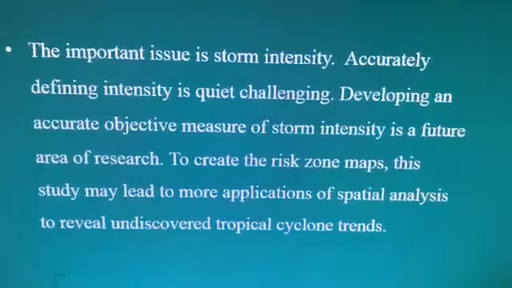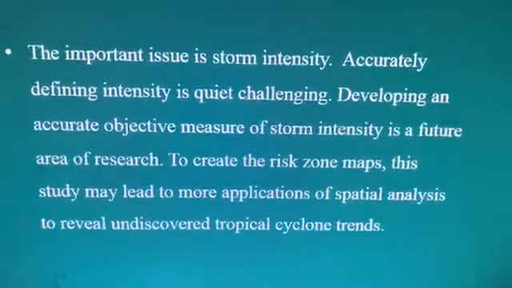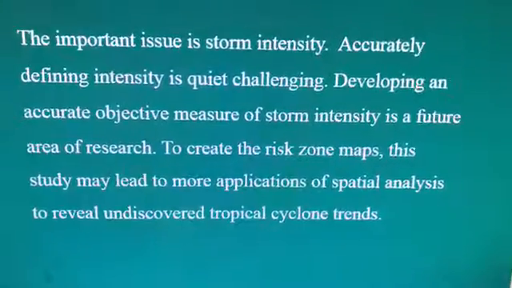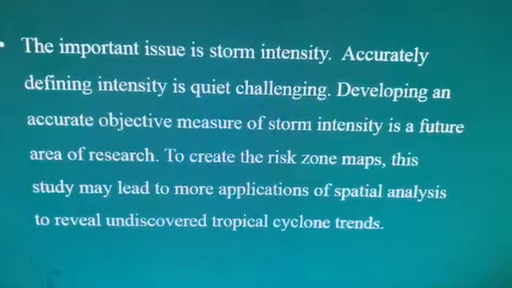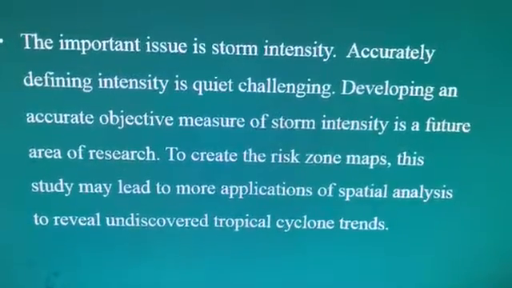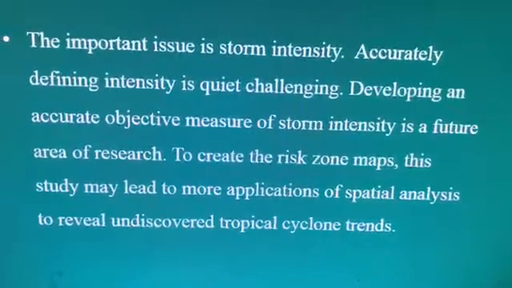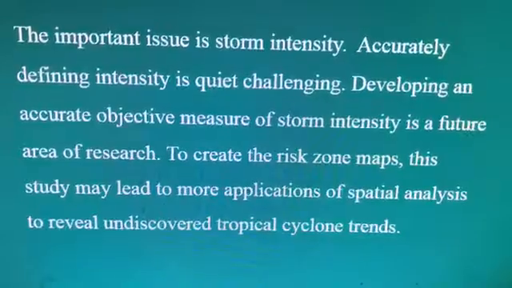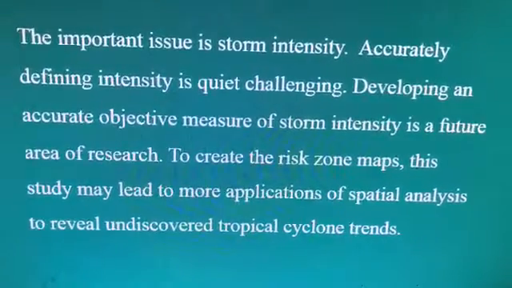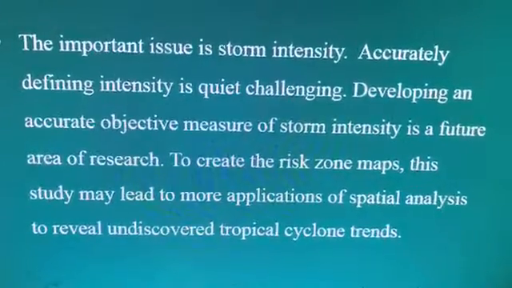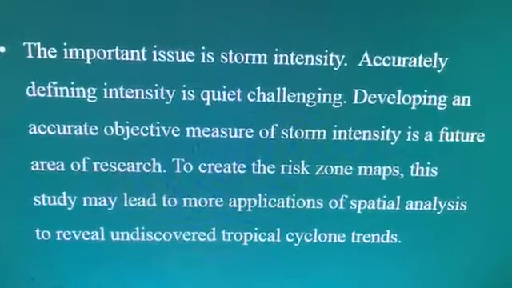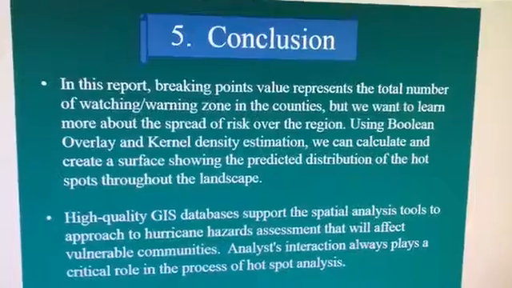Developing an accurate objective measure of storm intensity is a future area of research. To create a risk zone map, the study may lead to more applications of spatial analysis to reveal undiscovered tropical cyclone strain. This is the conclusion.